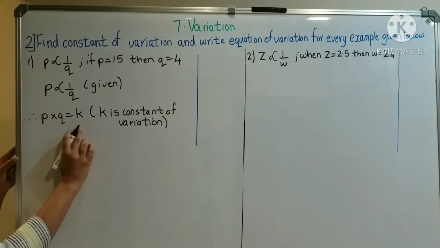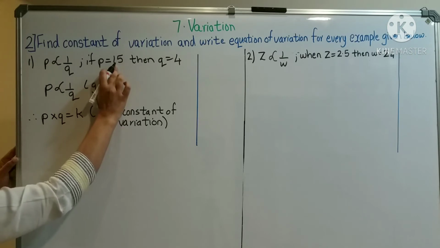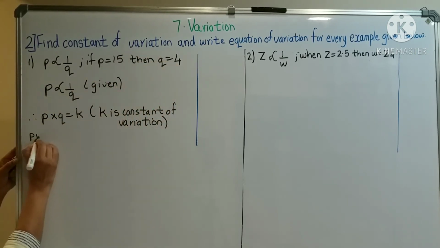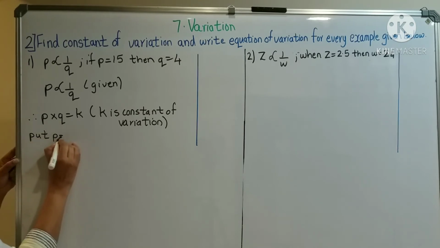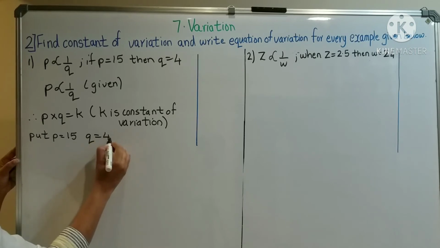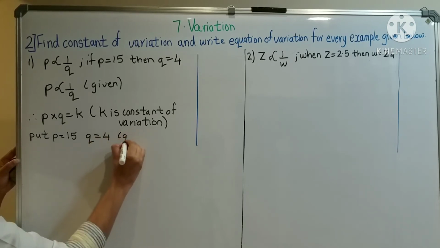Now, in this equation, we are going to put P as 15, Q as 4. This is also given to us.